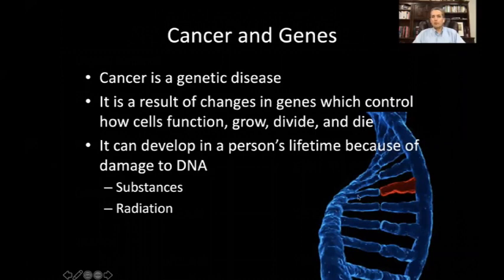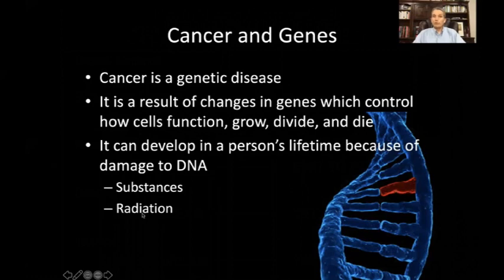And these mutations can develop during your lifetime because of damage to the DNA. And damage comes sometimes because of substances. You can have oxygen-free radicals. Oxygen-free radicals are the things that antioxidants take care of. Okay? And oxygen-free radicals can cause damage to molecules in the body, and if they get in around the DNA, then they can cause damage to the DNA.